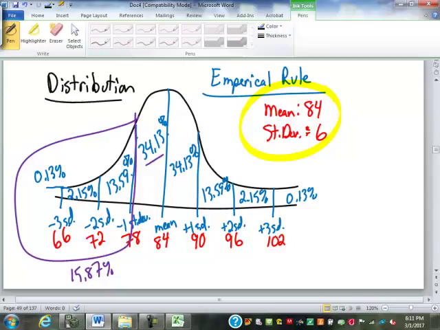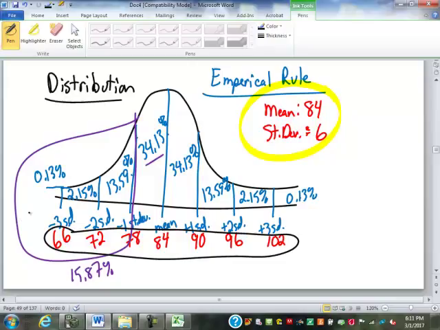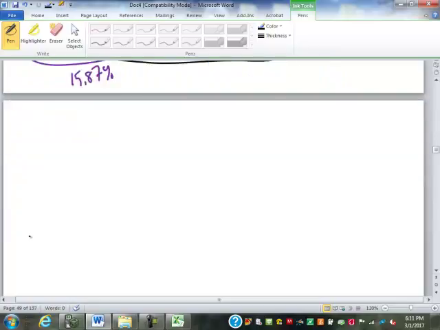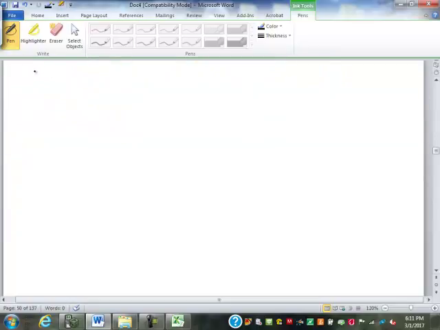And like I said, those percents are the same. What changes are these numbers down here based on what our mean and standard deviation are. So let me show you another example of this. Let's say you decide you want to buy a new home. You want to buy a 3-bedroom, 2-bath home.